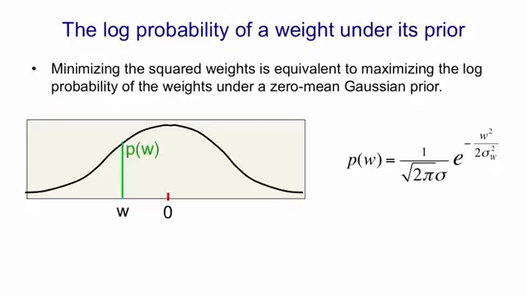The equation for the Gaussian is just like this, where the mean is 0, so we don't have to put it in. And the log probability of W is then the squared weights scaled by twice the variance, plus a constant that comes from the normalizing term of the Gaussian, and isn't affected when we change W.